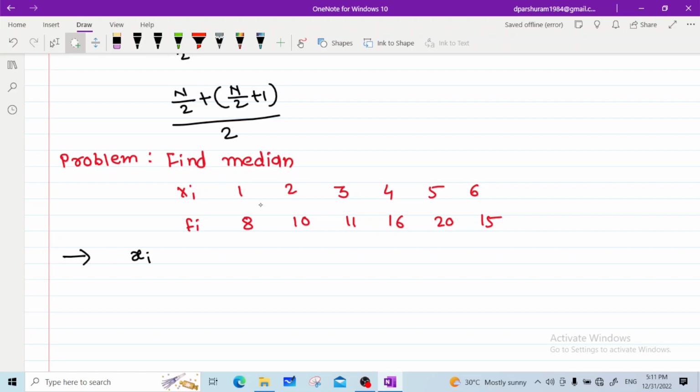In this example, the first row is xi, the second row is fi and the third one is capital Fi, that is summation fi, which is nothing but our capital N. Put in the values of xi 1, 2, 3, 4, 5, 6, and their respective frequencies, that is 8, 10, 11, 16, 20 and 50. Capital Fi is nothing but our cumulative frequencies.